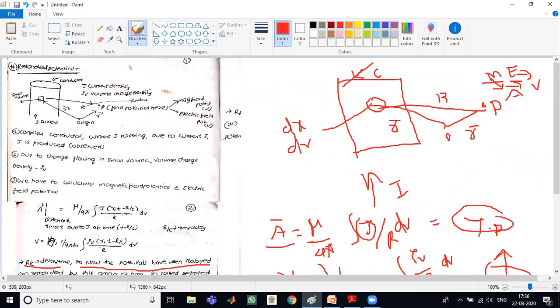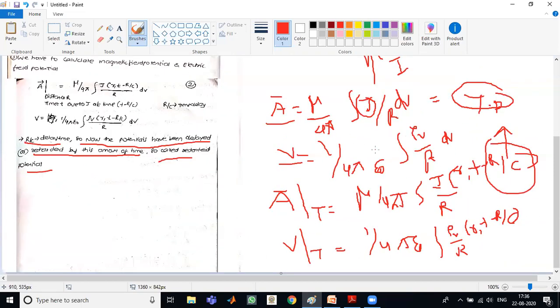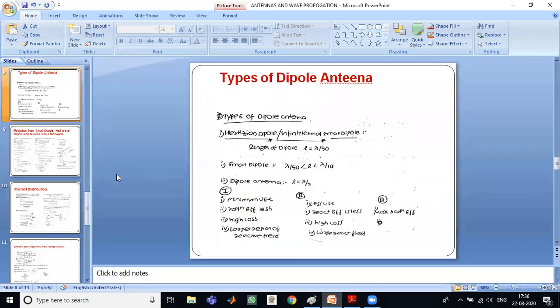In the same way as the conductor, we consider the magnetic and electric field potential in a time varying field. This concept we have applied to the antennas. The general phenomena of a conductor, we have just modified as a time varying field, and we have considered the delay, such that we have applied this concept to the antennas. That is the retarded potential.